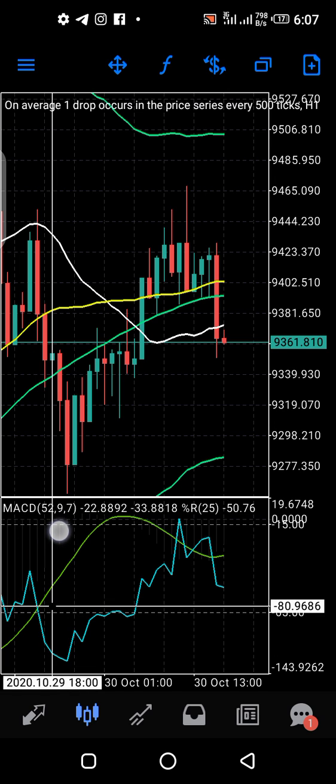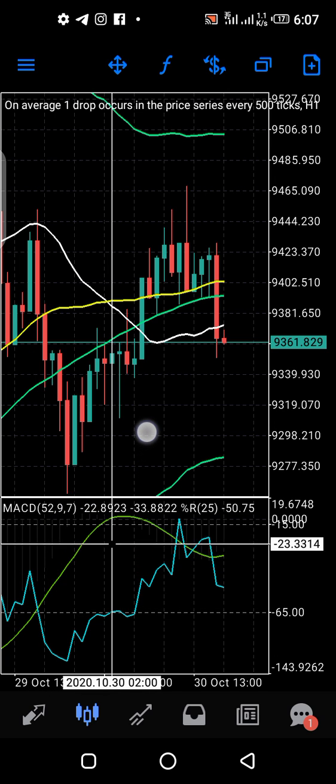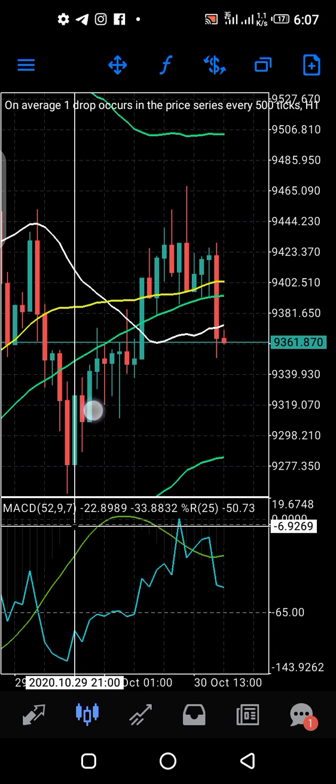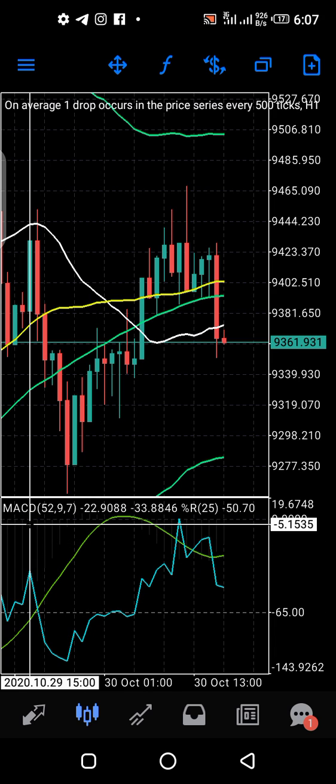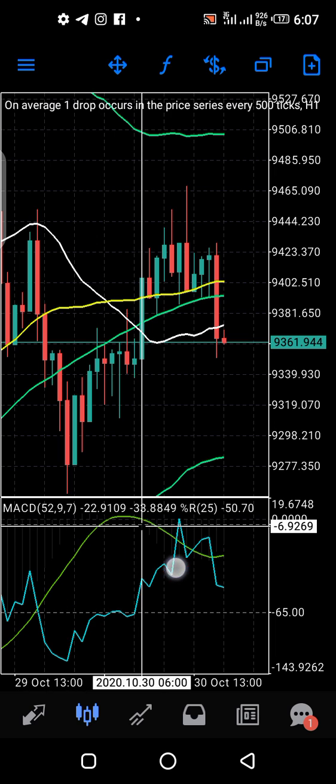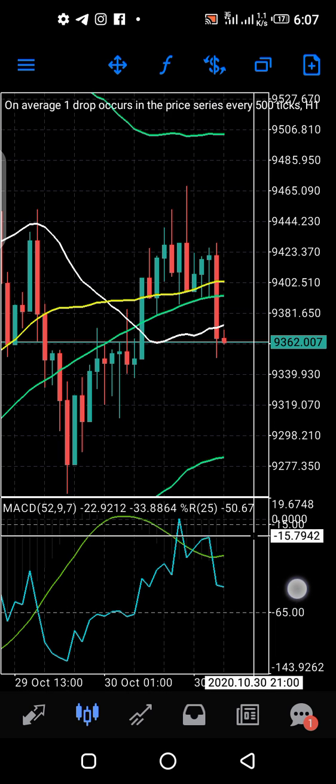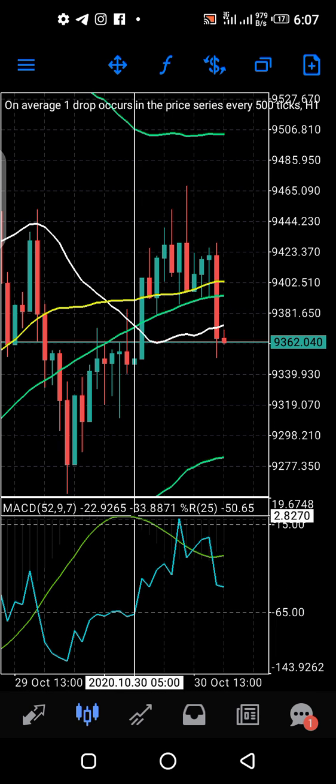If this green line crosses this dotted line, this dotted line 15, once it crosses it and starts forming a parabolic curve, like it's going down, at that point you can place a trade to aim for crash, the spikes down.